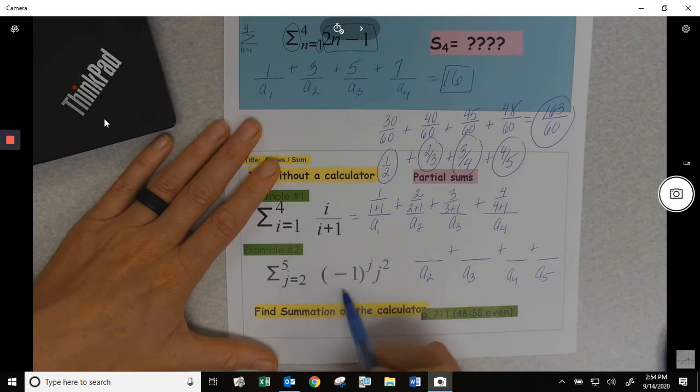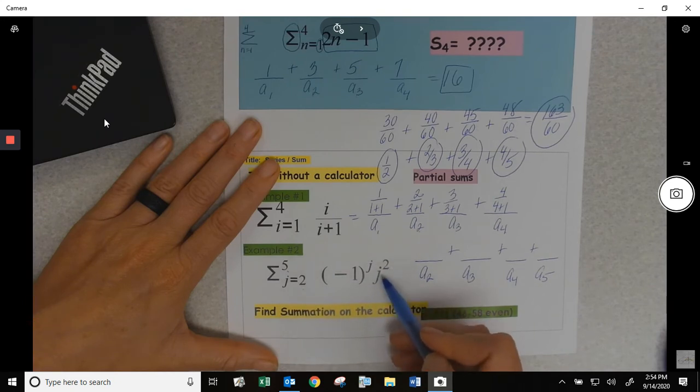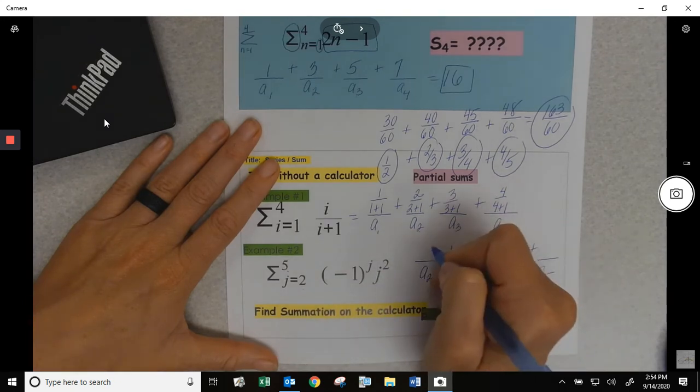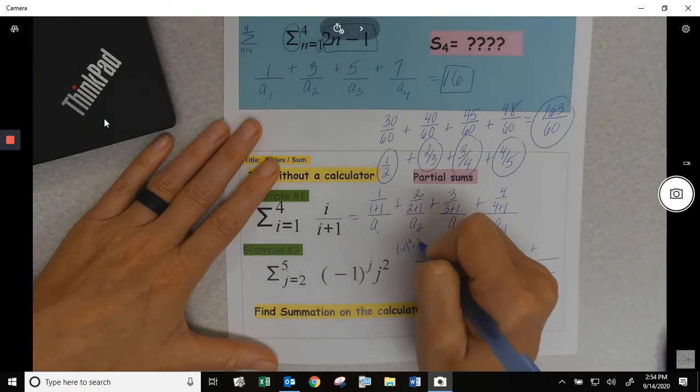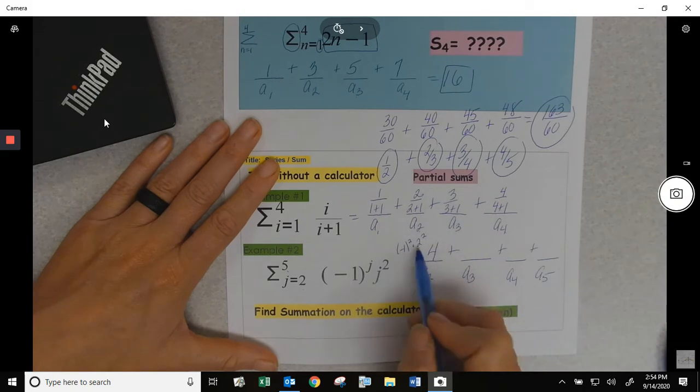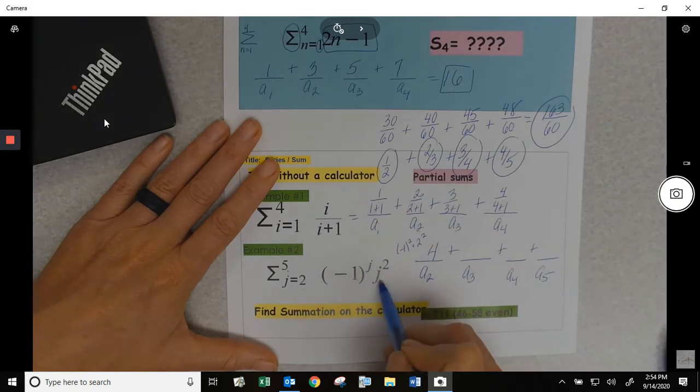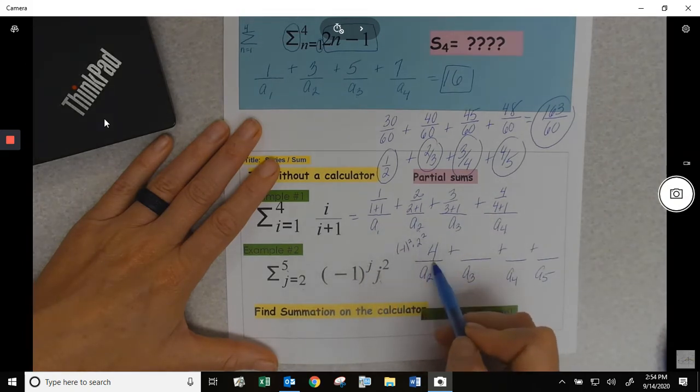So this is positive 1 times 2 squared. So positive 1 times 4, because 2 squared is 4, would be 4. And let me write that down for those of you who may need it. This is what we just did. We plugged 2's in for the j's. So this is 1 times 4 is 4.